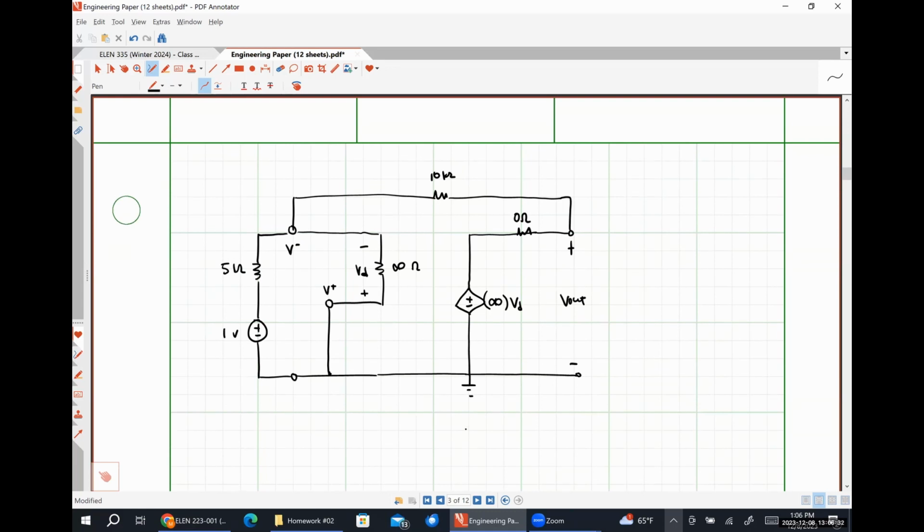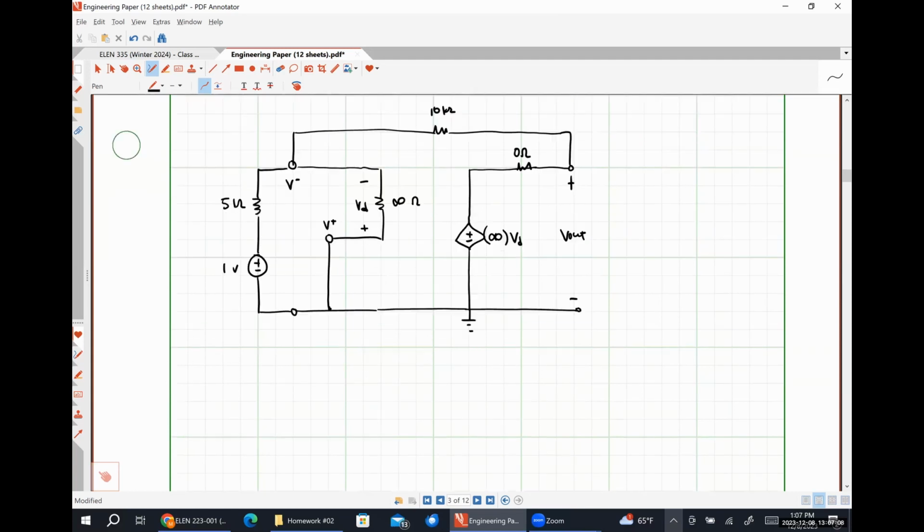So by inspection, we can see that our output voltage here, V out, is going to be equal to infinity times VD, right? Because if this resistance is 0 ohms, then it doesn't matter what current or anything like that is flowing through it, the voltage drop across it is always going to be 0.